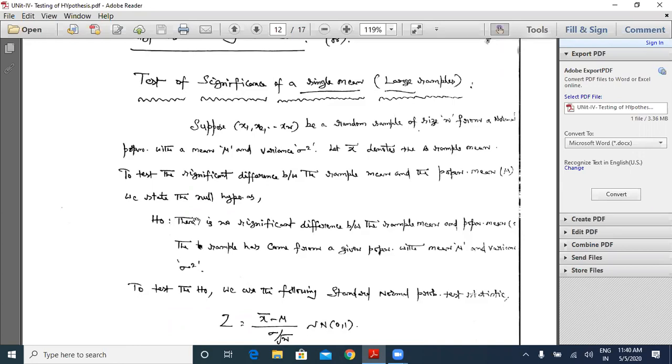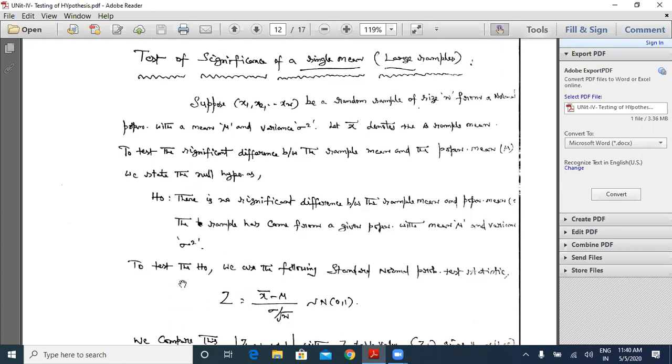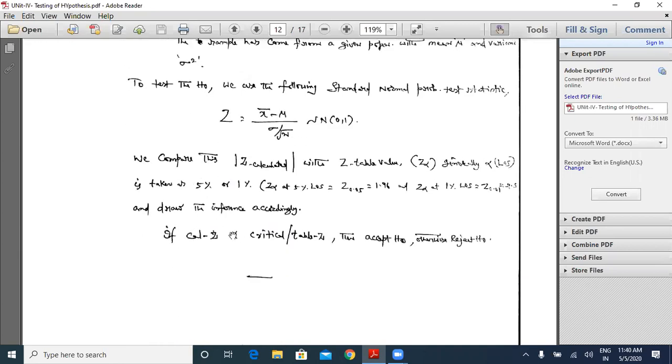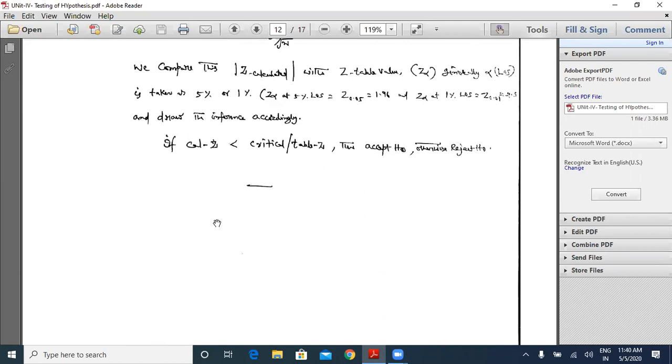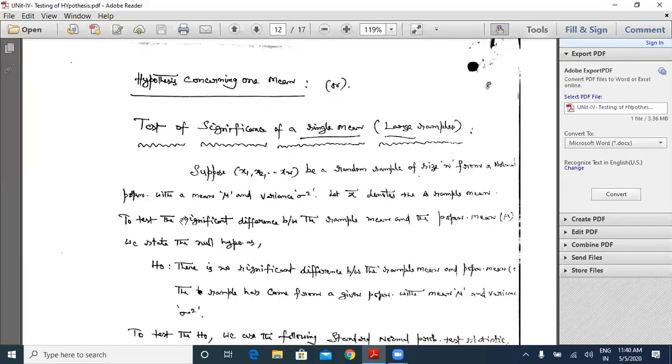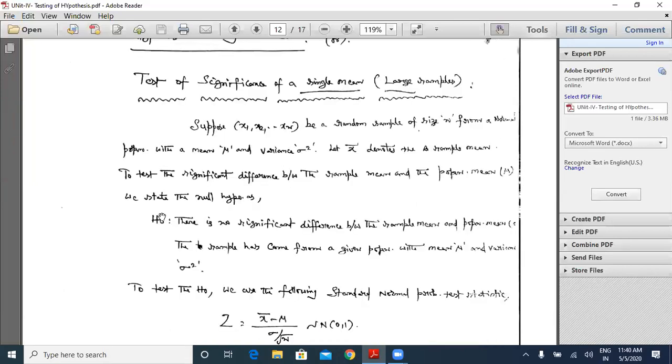Remember, H naught: x bar is equal to mu, and H1: x bar is not equal to mu, a two-tailed test, and you take Z is equal to x bar minus mu by sigma by root n. If modulus of calculated Z value is less than table value, accept H naught, otherwise reject H naught. This is the way of drawing the conclusion, taking the decision. So this is test of significance of single mean.